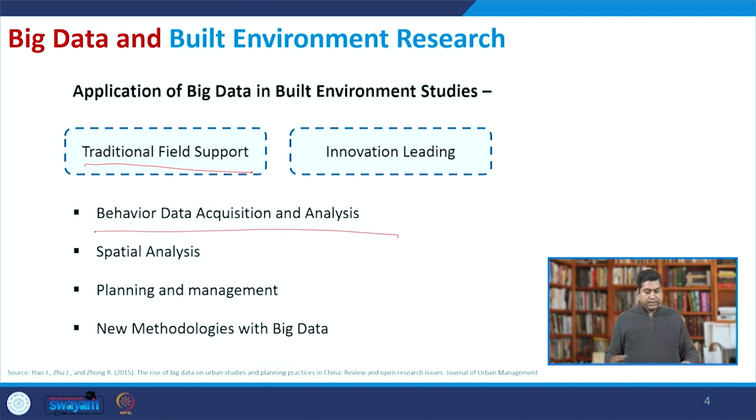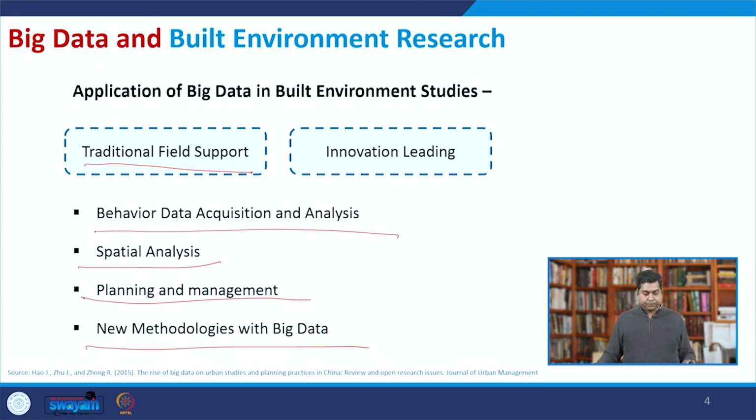For spatial analysis, we can also do performance analysis based on certain input parameters. When you have the big data and you can do this spatial analysis, it can also help you to have proper planning and management of the project, and it can also instigate deriving some new methodologies with big data.